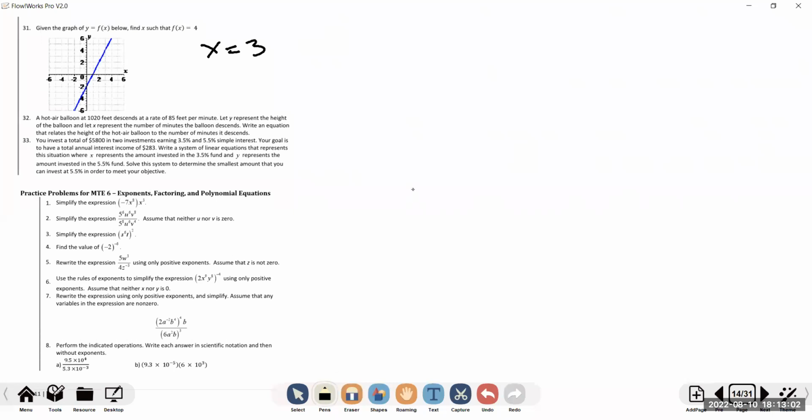Now we're going to make some systems of linear equations for some word problems here. A hot air balloon at 1,020 feet is going to descend at a rate of 85 feet per minute. So write an equation that relates the height of the air balloon as a function of time.